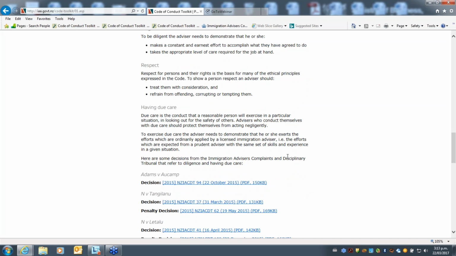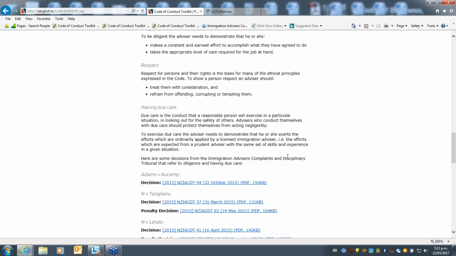Then we have taking due care, and I guess there is an expectation that an advisor will do a good job, and we all get busy. We all have huge amounts on, but you need to take care in any given situation, and your client has an expectation that you will take due care in their situation.